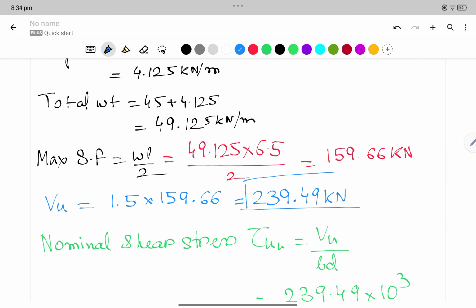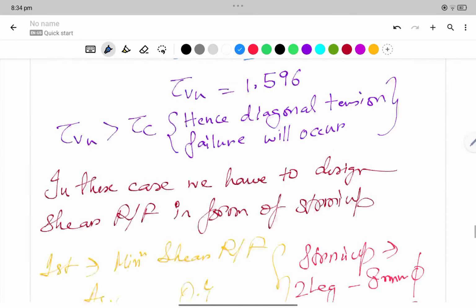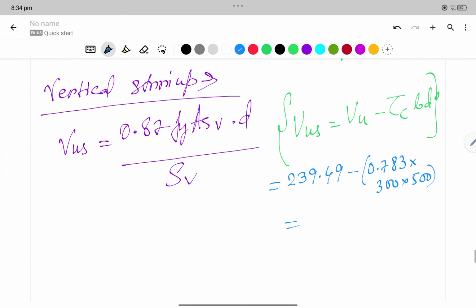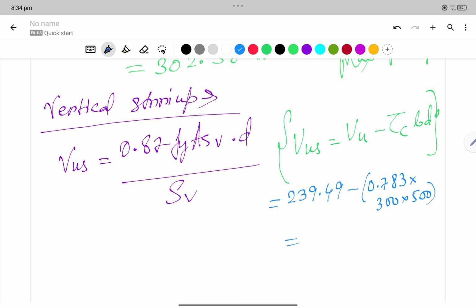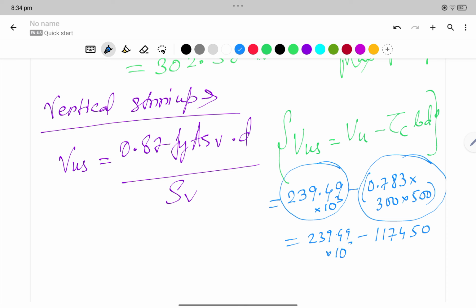Vu here is kilonewton, so we will just multiply by 10 to the power 3. This value is in Newton, so we have to put this value in Newton too. It is coming to 117450 minus 239.49 into 10 to the power 3. If you calculate it, the value will come to 120.99 kilonewton. We have converted it again into kilonewton.